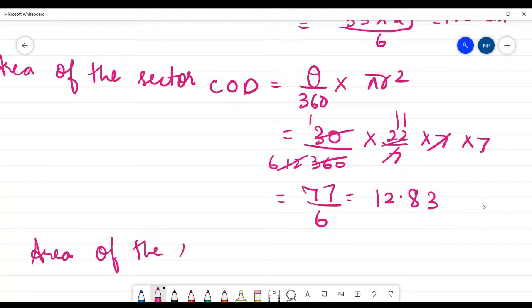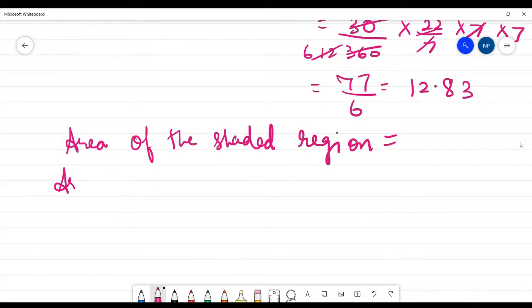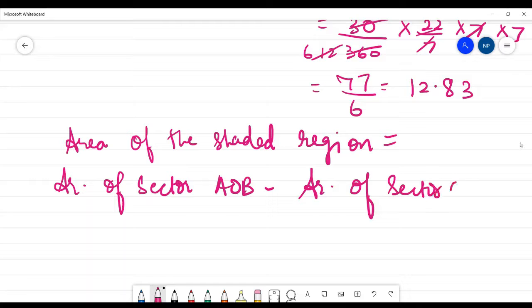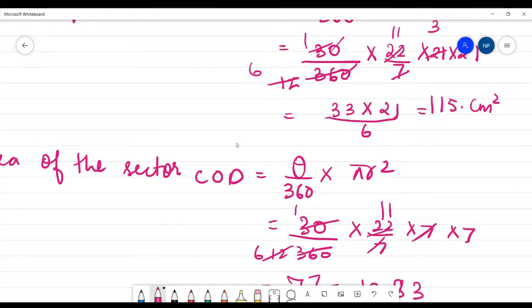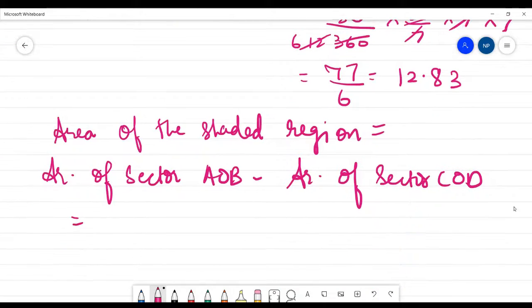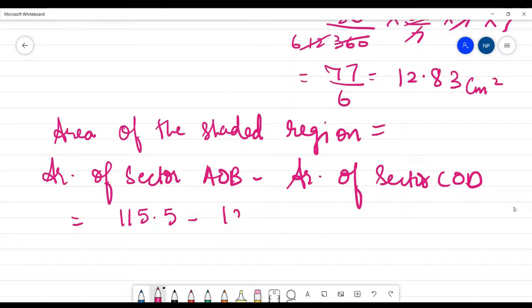Now subtract both the two of the sectors. Area of the shaded region is equals to area of sector AOB minus area of sector COD. So over here you will get the answer as, what was the area of the bigger sector? 115.5 minus 12.83 centimeter square.